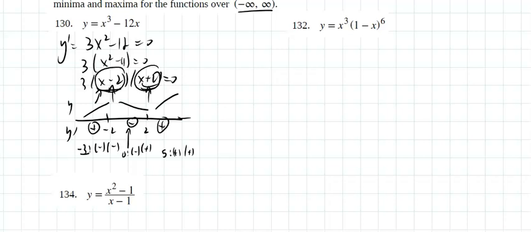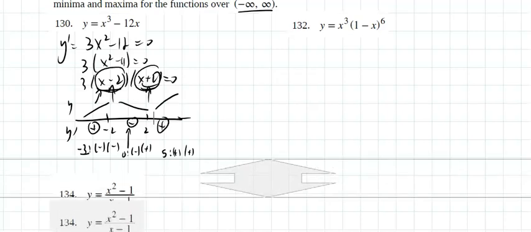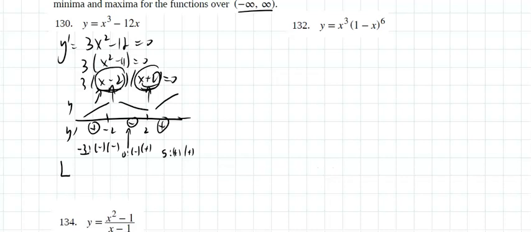That means we have a local maximum at x equals -2, and we have a local minimum at x equals 2.